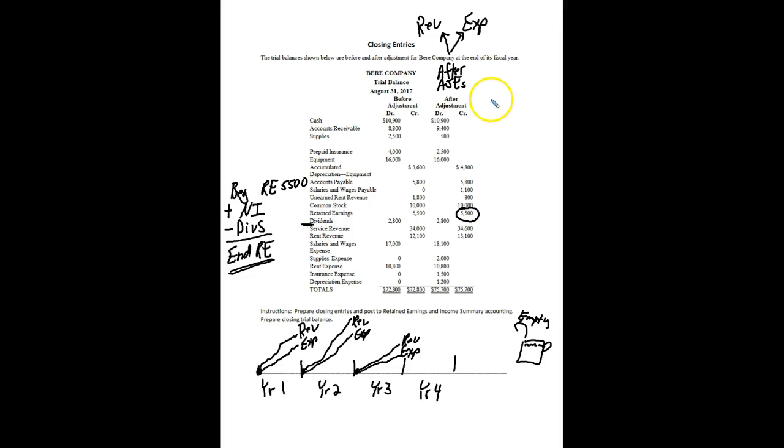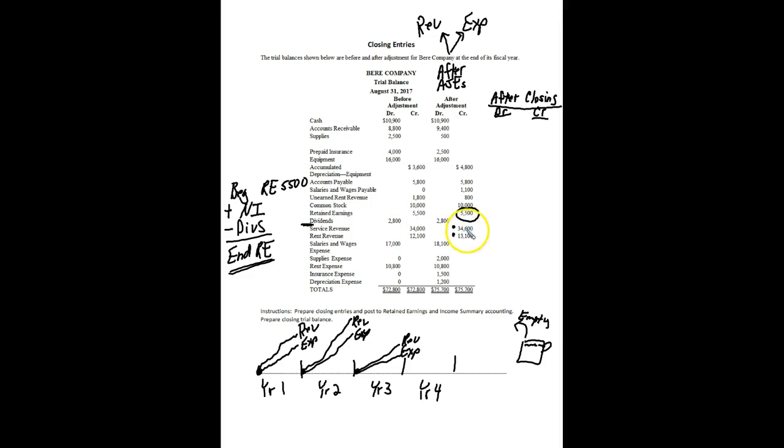After adjustment, we're going to add a column here, after closing. We are going to close or empty revenue and expense accounts, and then we'll have our debit credit balances. Okay, let's get on with it. Let's start with the two revenue accounts.